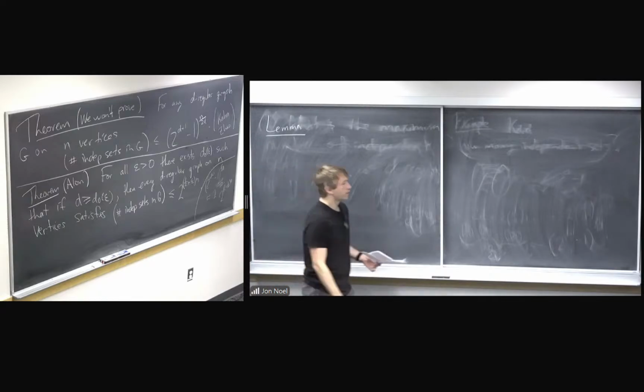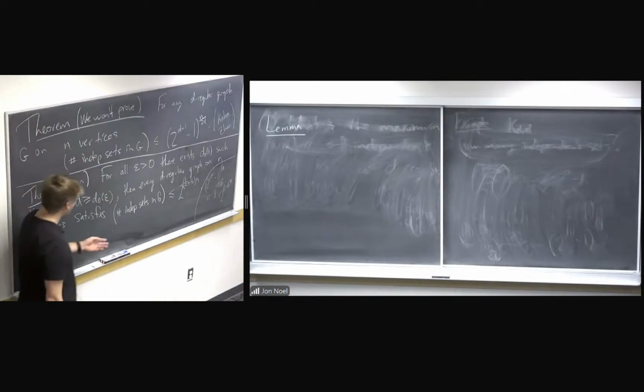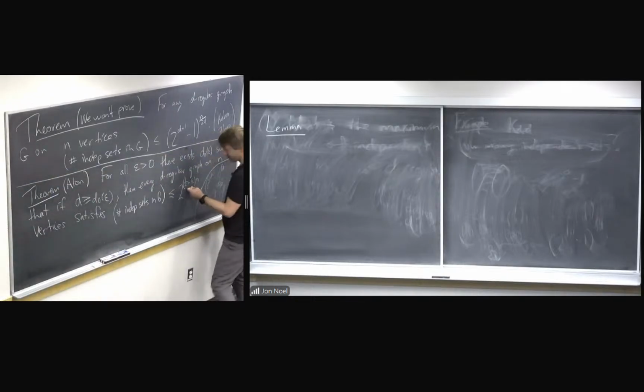If we're trying to prove this, one thing that could ruin it for us is if this graph G has even one independent set with more than 1/2 plus epsilon n vertices, then any subset of that independent set is an independent set, and we would not be able to prove this upper bound.